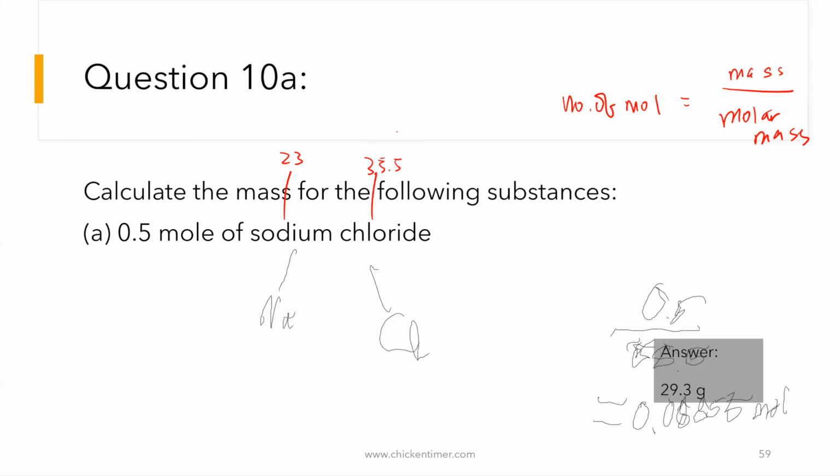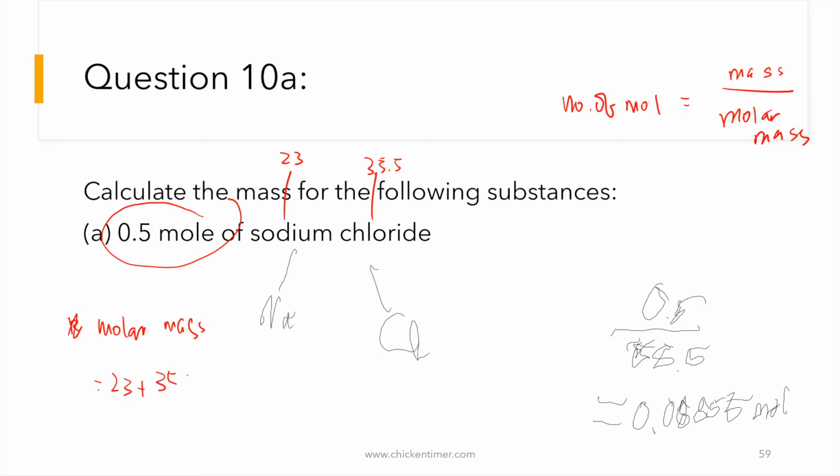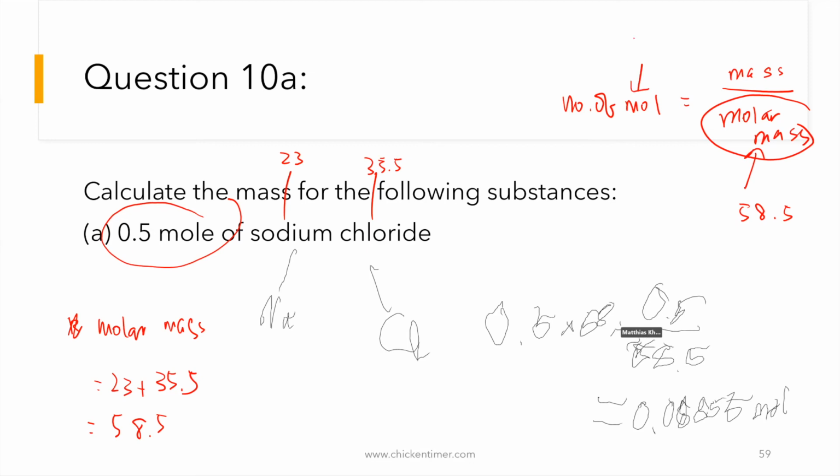Calculate the mass, right? The number of moles is given to you, so you first have to find the molar mass. NaCl is 23 plus 35.5, then you get 58.5. Then 58.5 goes here, and the number of moles goes here. Then 3SF, and you get 29.3 units.